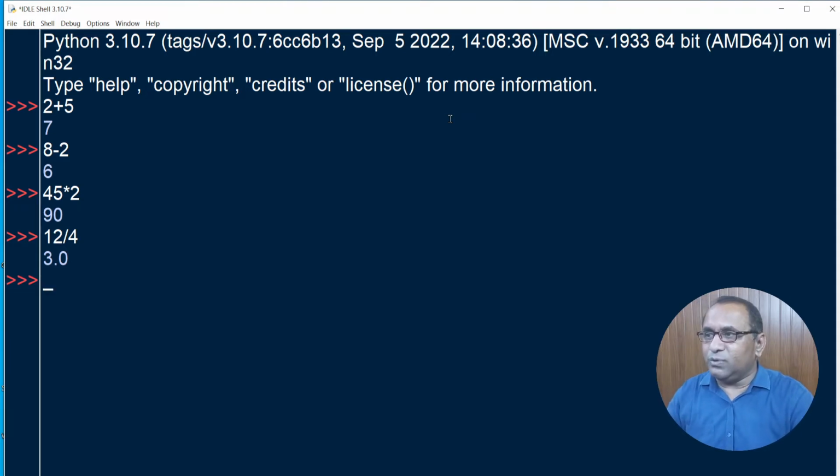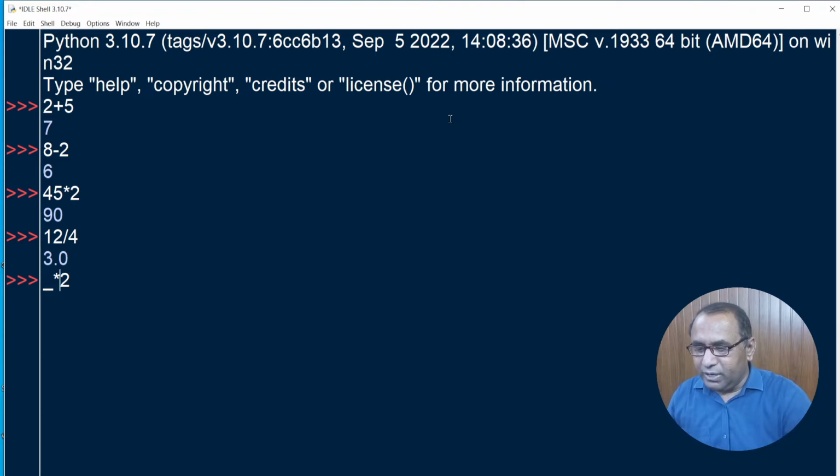Underscore is also very important to use for the previous value or the returned value. The underscore symbol represents the previous result, to break up complicated calculations. In the command, I have entered underscore, and this will take the previous value. Then I wanted to square it.